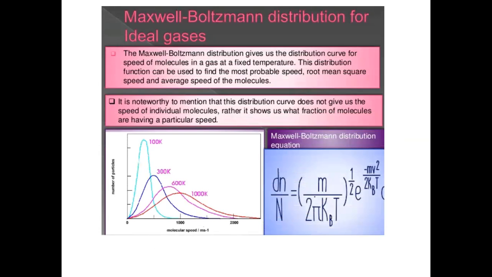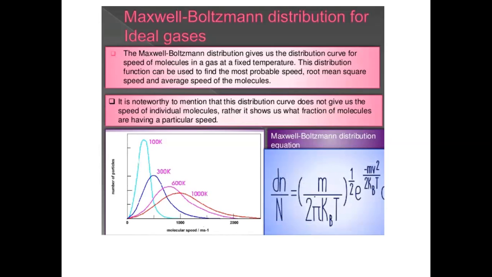Now, Maxwell-Boltzmann distribution for ideal gases. Maxwell distribution gives us the distribution curve of the speed of molecules. To find out the speed of molecules in a gas at a fixed temperature, there was one scientist known as Maxwell Boltzmann, who gave the distribution curve for ideal gases.